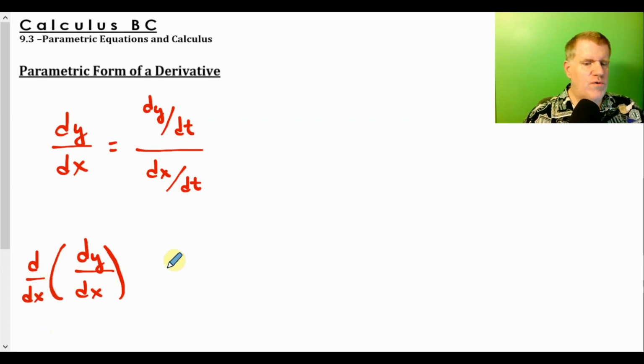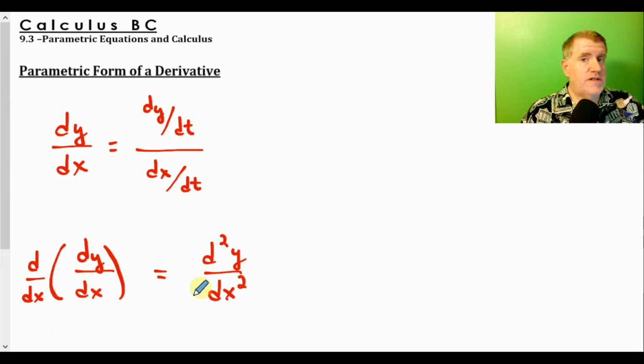That's the reason the notation looks like this. Wonder why it was d2y over dx squared? Because the derivative is taken twice, the function is once, and there are two dx's. That's the reason for that particular notation.